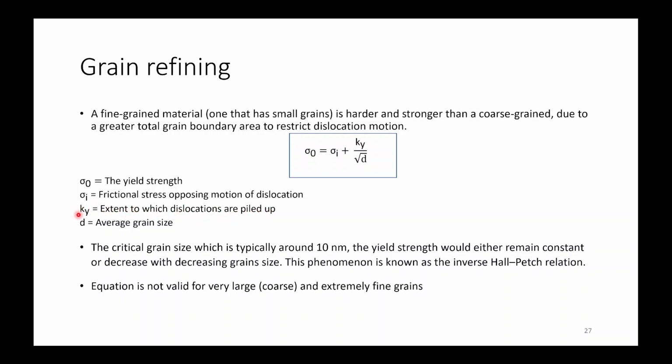This depends on plastic deformation of the material or what type of manufacturing process is used. d is your average grain size. Below the critical grain size, which is typically around 10 nanometers, the yield strength would either remain constant or decrease with decreasing grain size. The phenomenon is known as the inverse Hall-Petch relation, and the equation is not valid for very large and extremely fine grains.